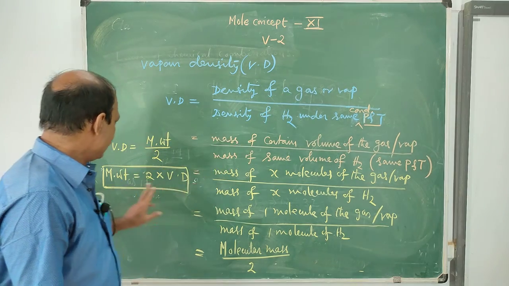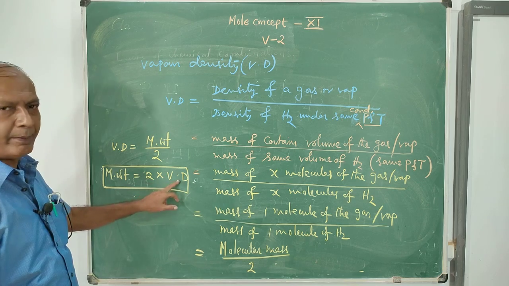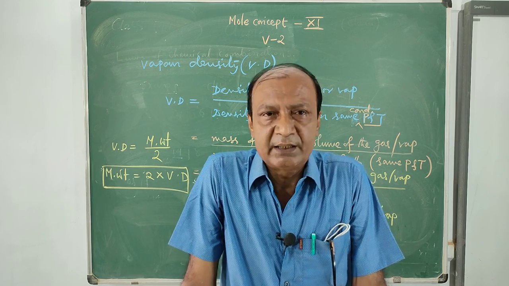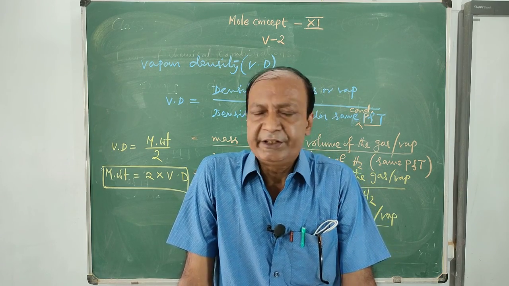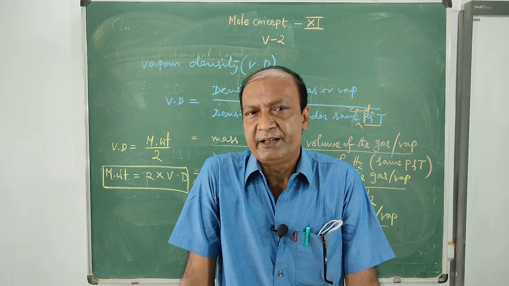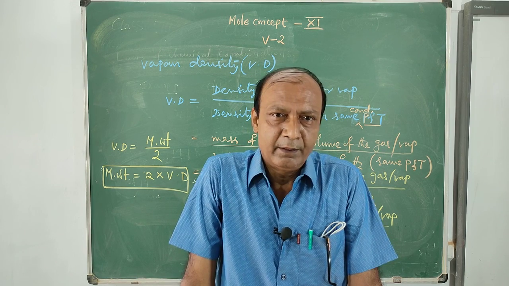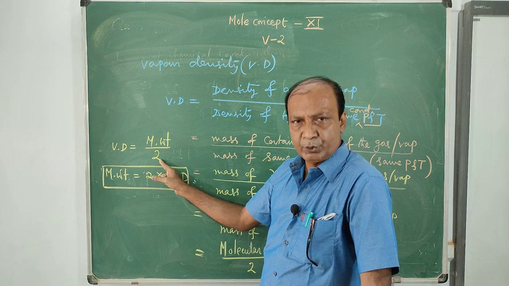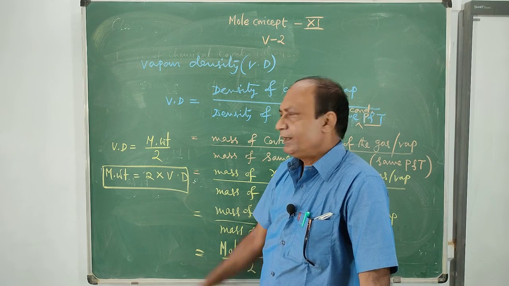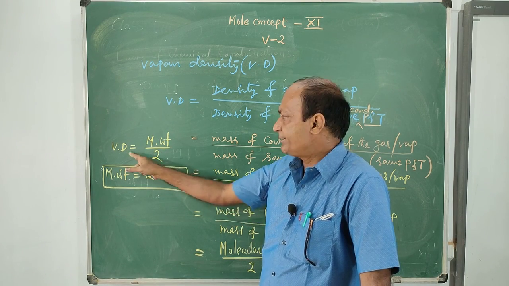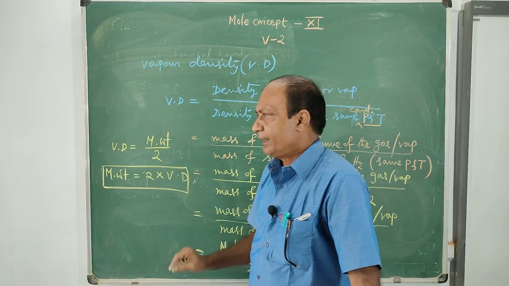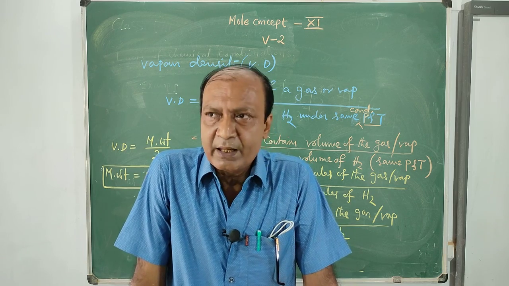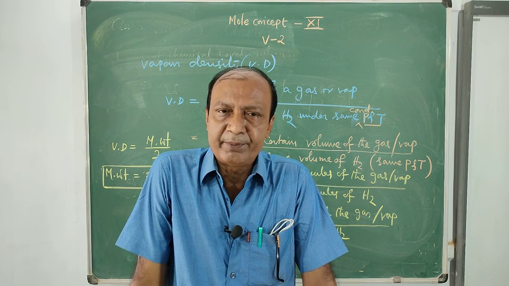This relation is very important. Suppose carbon dioxide is a gas, its molecular weight is 44, its vapor density is 22. Sulfur dioxide is a gas, its molecular weight is 64 and its vapor density is 32. You can take this relation for solving different problems.